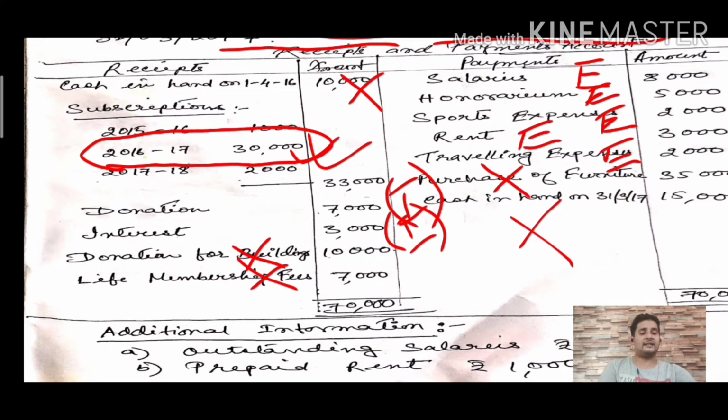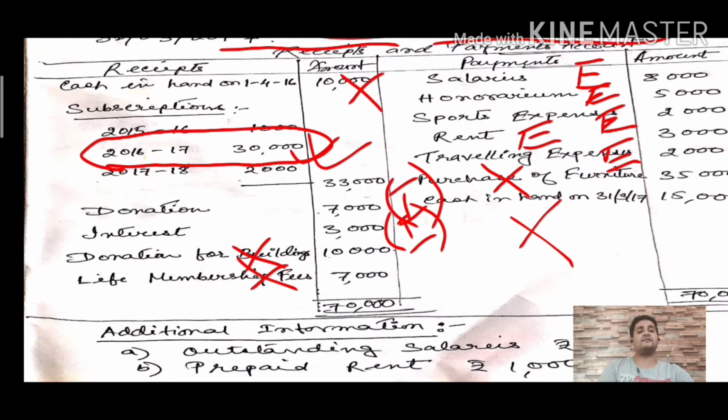And point number 2 is prepaid. Prepaid rent is 1,000, meaning rent for the current year was already paid in the previous year, 2016.